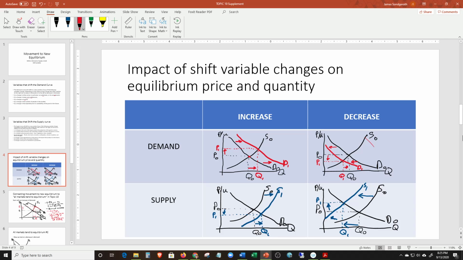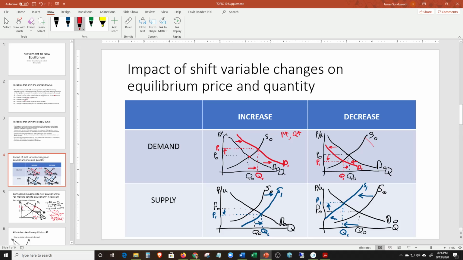So we move from A to B. And you can see in so doing that prices go up and quantity increases. So an increase in demand will typically push prices up, and it will also push the equilibrium quantity produced and consumed up.